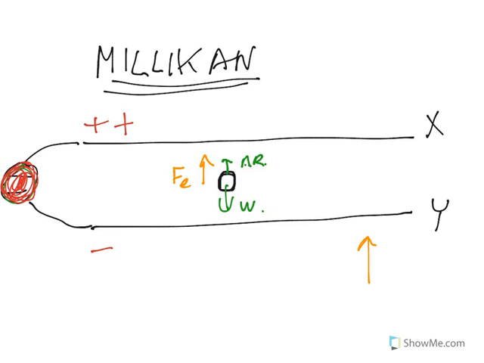It might move up, or it might still move down but more slowly, or it might hover so it's not moving up and down. And if you swap it the other way, you could get the oil drop going down. By doing that, you could make some measurements.